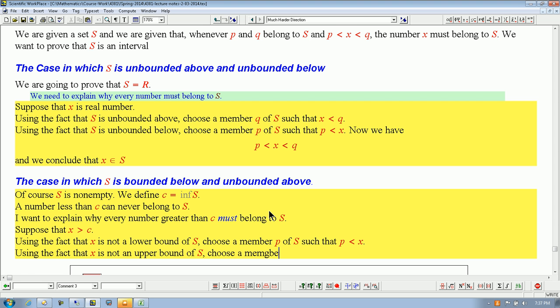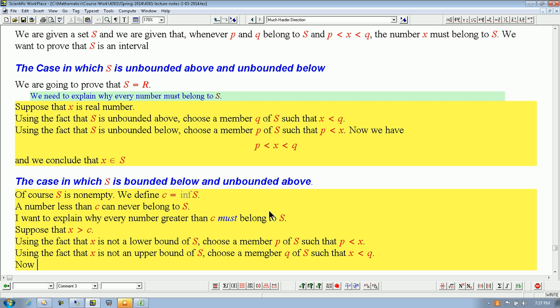Choose a member Q of S such that X is less than Q. So now we have P is a member of S and is less than the given number X, less than Q, which is a member of S, and so X belongs to S.